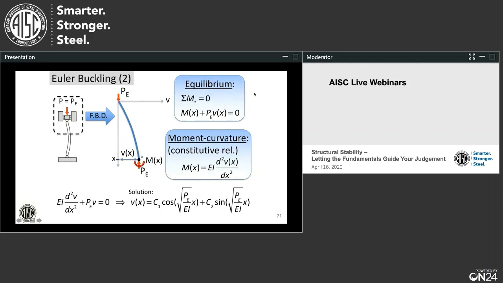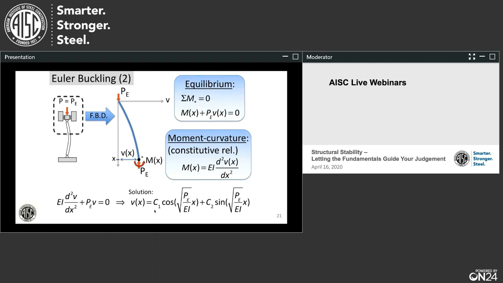So that's the upper version here. Once he had his equilibrium defined, he made a substitution, and that substitution was the moment curvature relationship. That moment curvature relationship is our constitutive relationship. Once he did that, he had his differential equation, which he could solve.